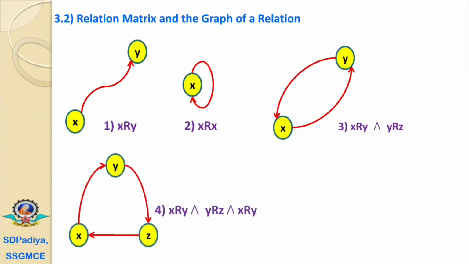The next example is x has a relation R to y, then y has a relation R to z, and z has a relation R to x. Now you have to be clear that this is not the case for transitive, because it is just like one circle. For the transitive, the condition is different.